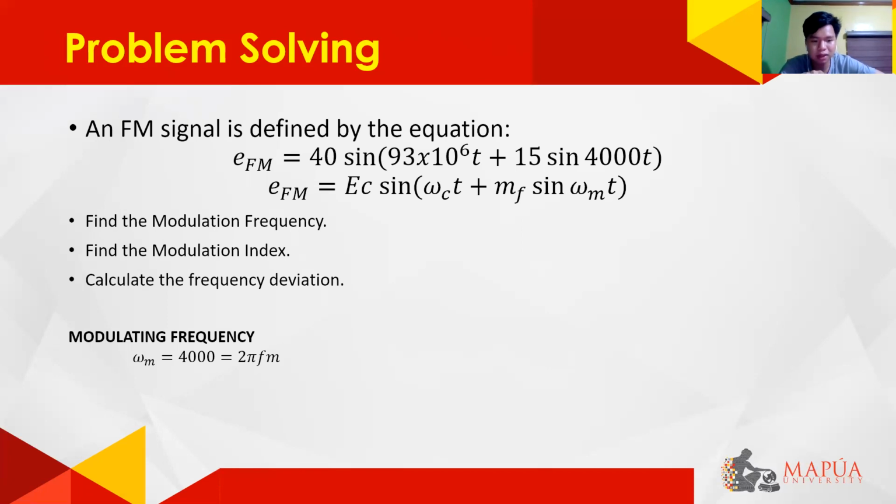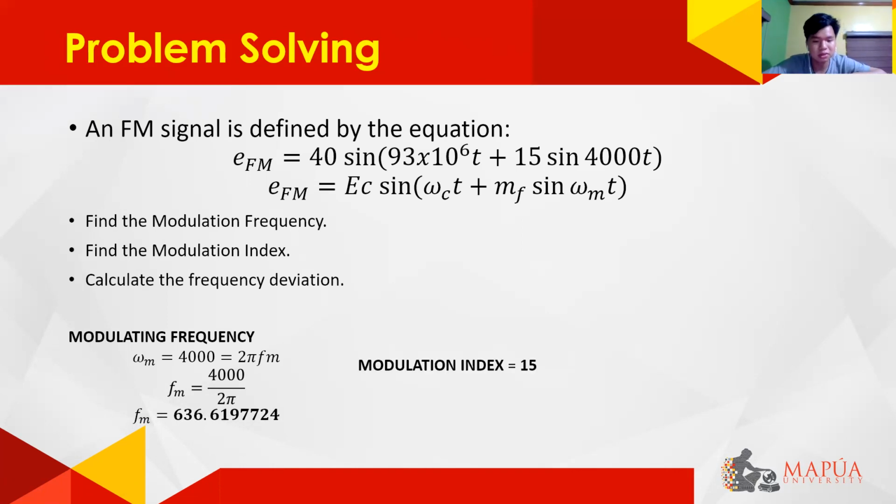So for us to find the modulating frequency, we will isolate it in this equation. We divide 4000 over 2 pi, and we get the modulating frequency, which is 636.62197.